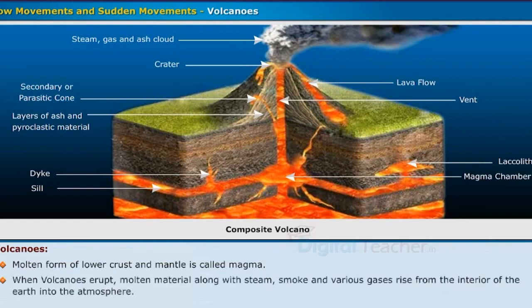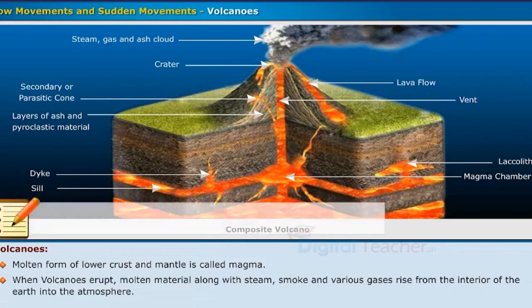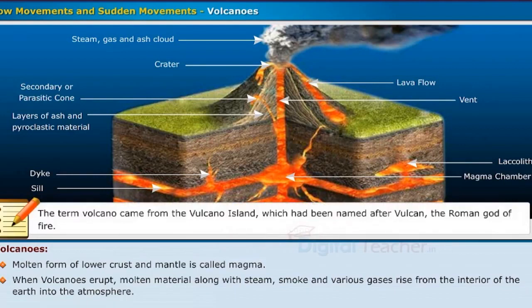When volcanoes erupt, molten material along with steam, smoke and various gases rise from the interior of earth into the atmosphere. Note, the term volcano came from the Vulcano island which had been named after Vulcan, the Roman god of fire.